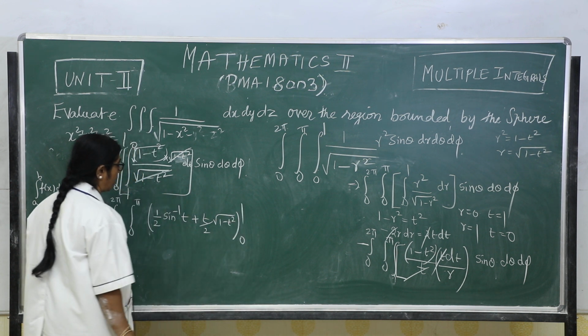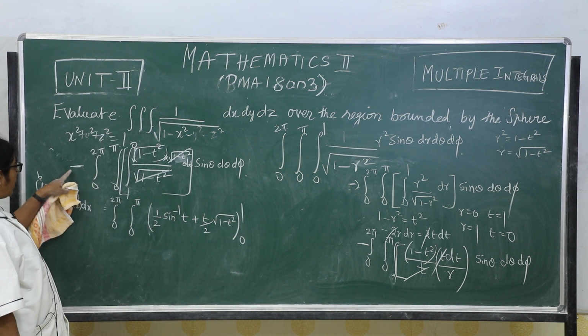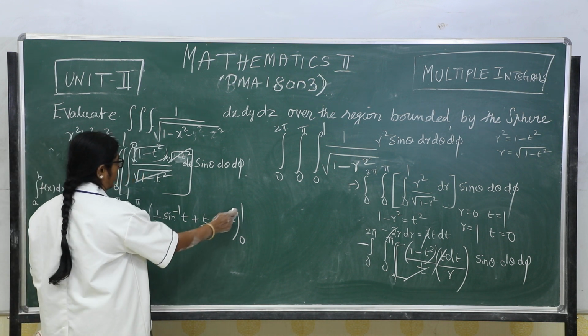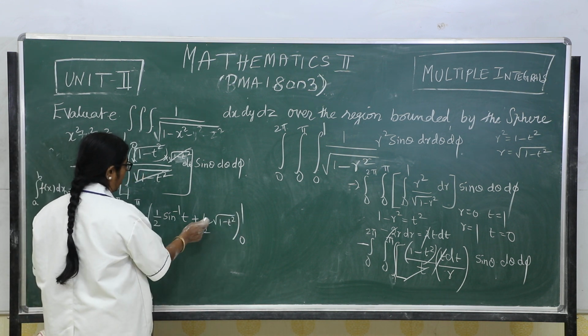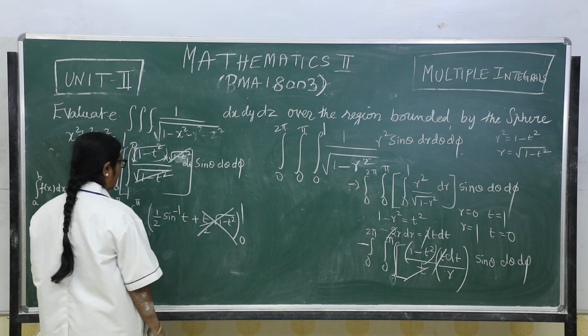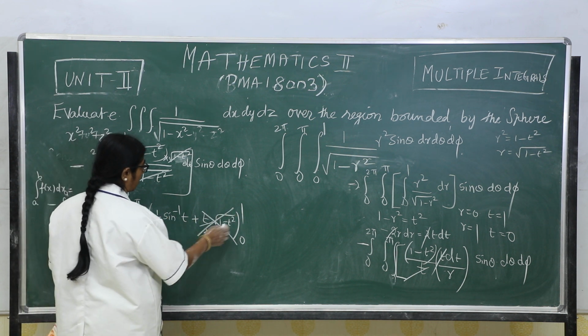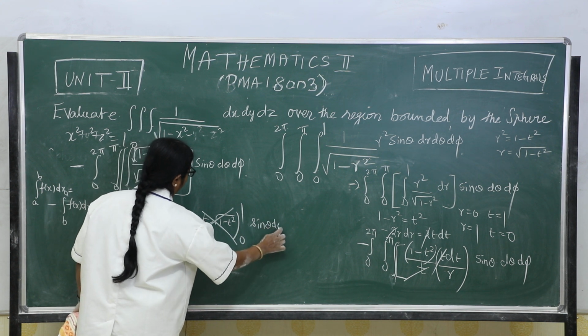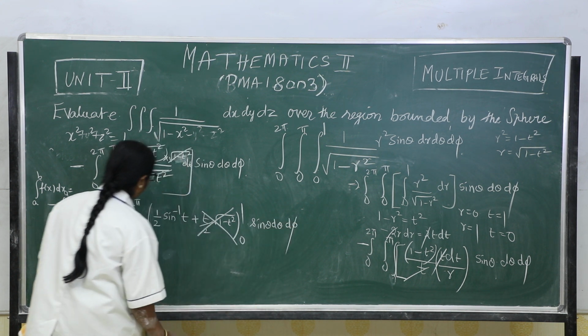I have deleted the negative sign, so I can interchange the limits. When t is equal to 1, it becomes 0, when t equals 0, it is 0. So, this whole second term becomes 0. So, sin inverse of t together with sin theta d theta d phi.